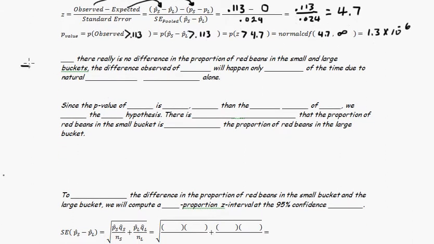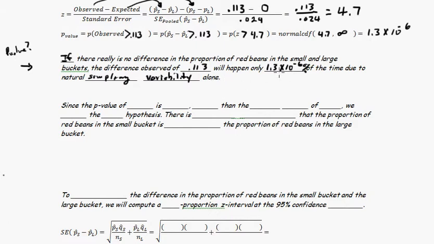So first, what does the p-value mean? If there really is no difference in the proportion of red beans in the small bucket and large bucket, the difference observed of 0.113 will happen 1.3 times 10 to the minus 6% of the time due to natural sampling variability alone.